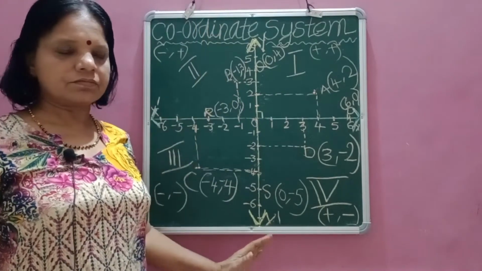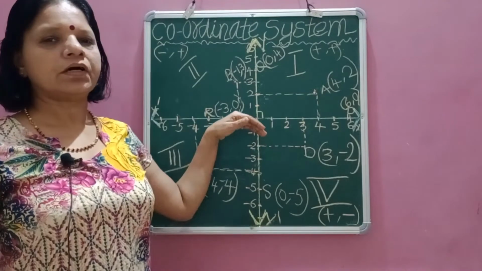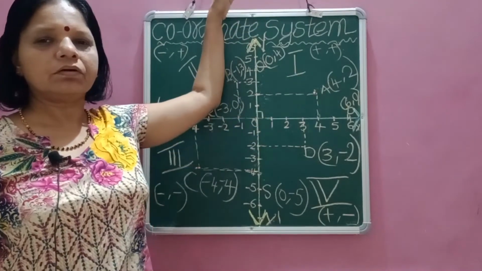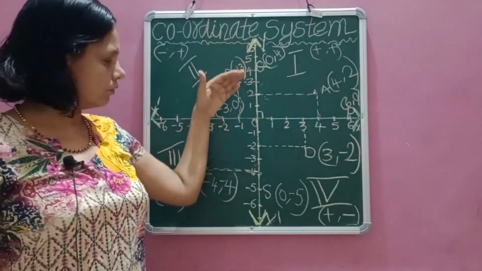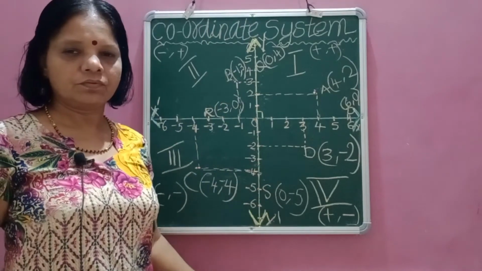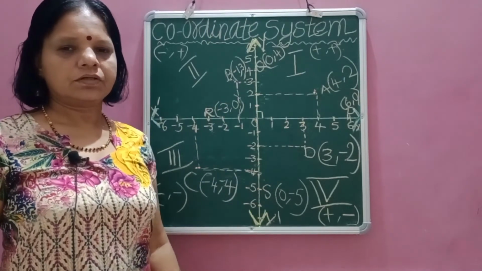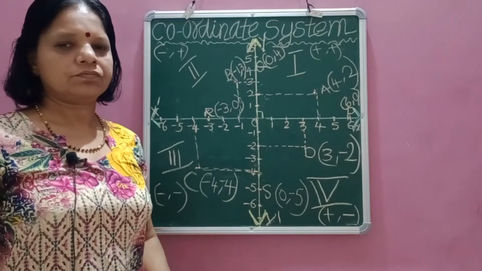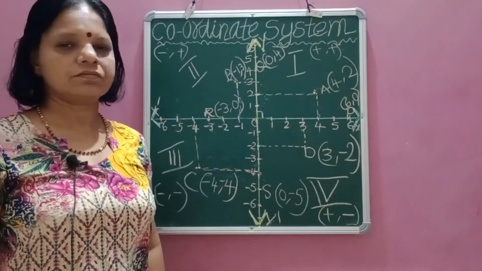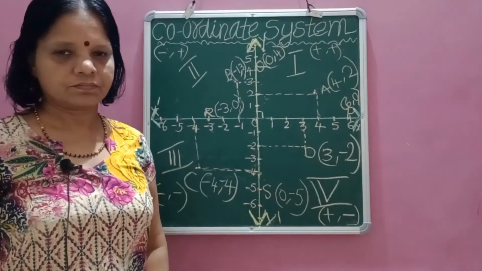In y-axis, positive numbers are above 0 and negative numbers are below 0. That is the method of drawing x-axis and y-axis.